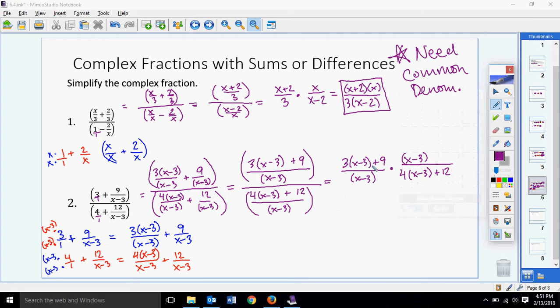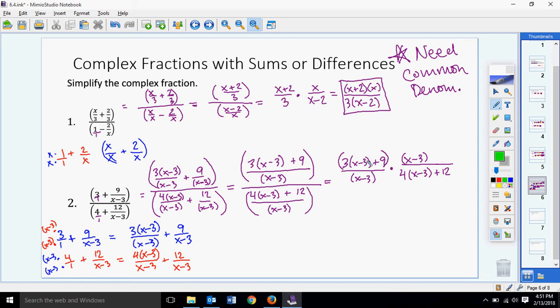Look at your very first numerator. There are two terms here. And if you want to imagine parentheses around them, you can. The reason I say there are two terms is because terms are separated by addition signs.